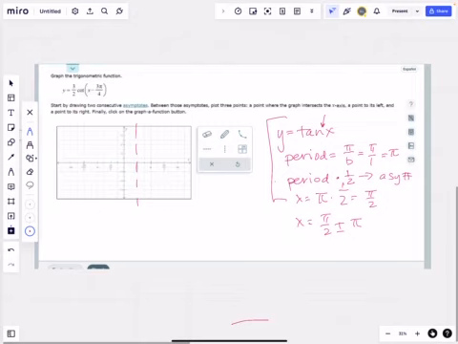If you look at this graph, pi units is equal to 4 of those tick marks, so I can make asymptotes every 4 tick marks. 1, 2, 3, 4, 1, 2, 3, 4, and then backwards 1, 2, 3, 4. All of these are asymptotes for the function y equals tan of x.